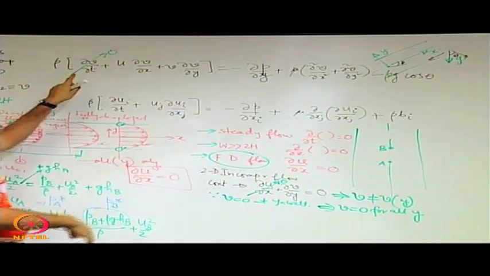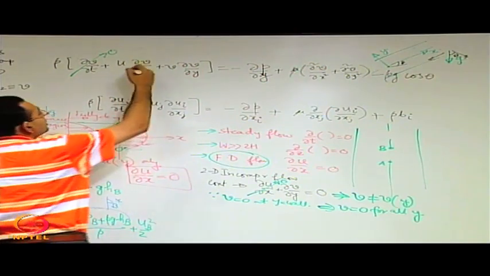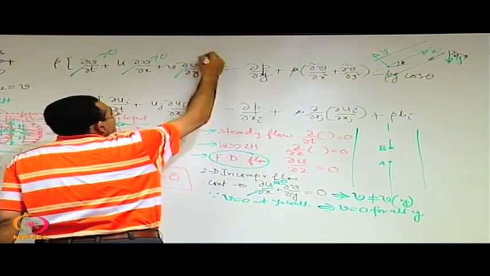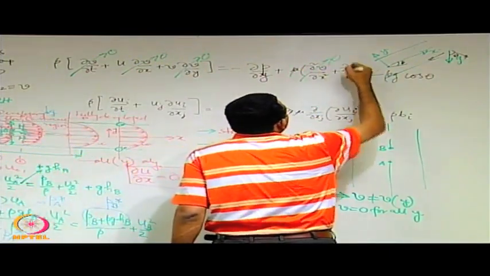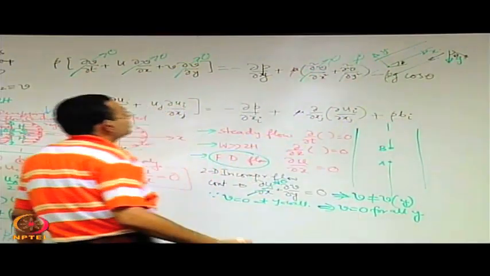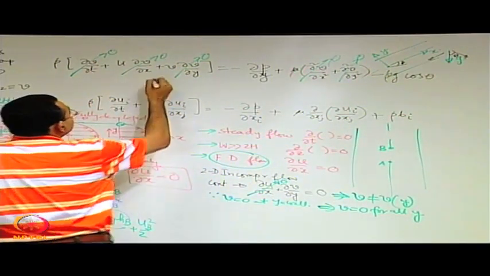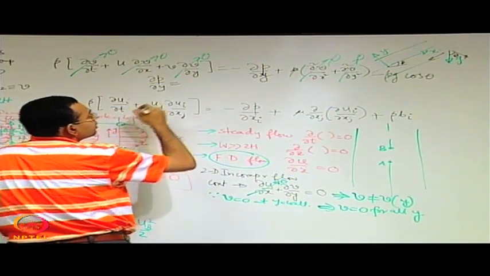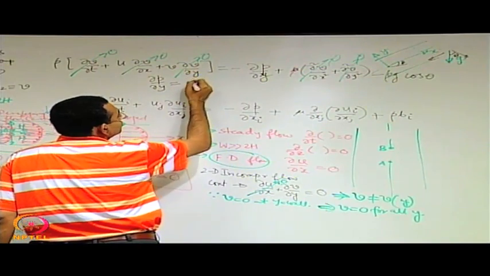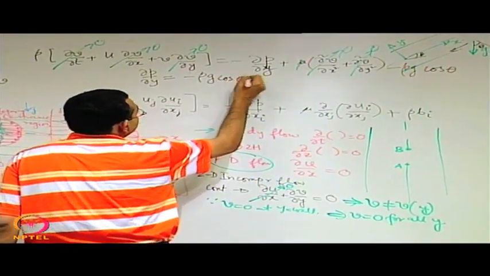Okay. So this is steady flow. Then the next term, V is 0, therefore whatever is involved with V, there is no gradient of V as well, so these terms are all 0, and then this gives you is equal to minus rho g cos theta.